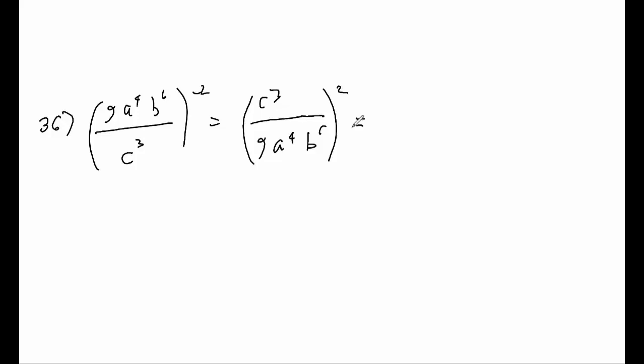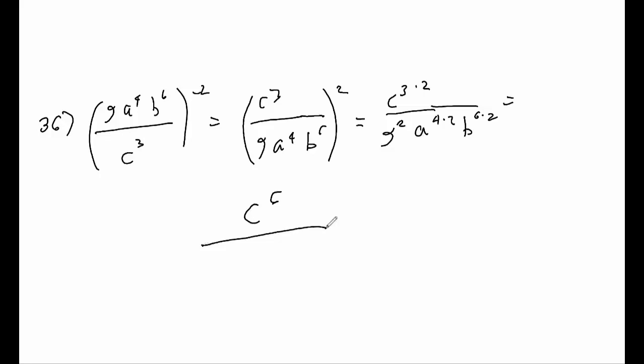So now I'm going to multiply the 2 inside the bracket. So I'm going to go c to the 3 times 2 over 9 squared, a to the 4 times 2, b to the 6 times 2, and that's going to be equal to c, 3 times 2 is 6, so it'll be c to the 6, and that's going to be divided by 9 squared.